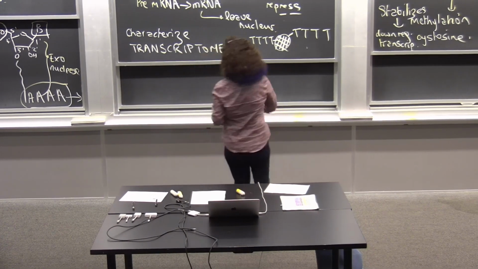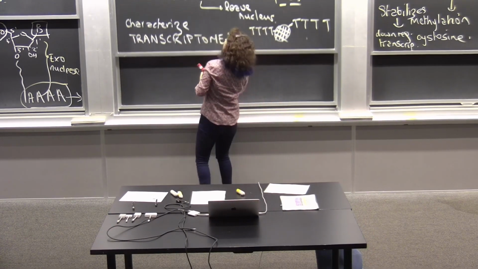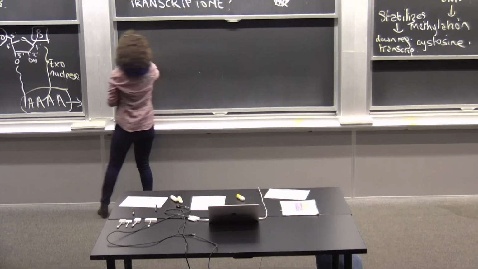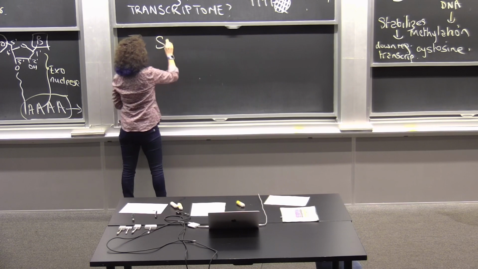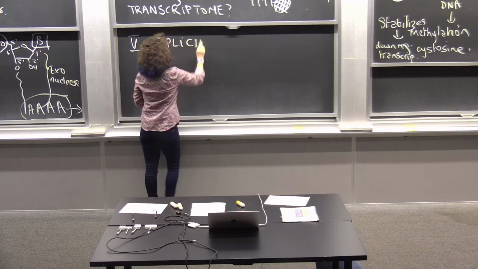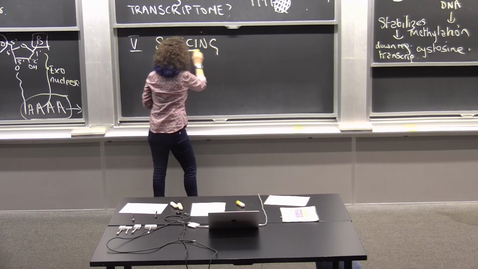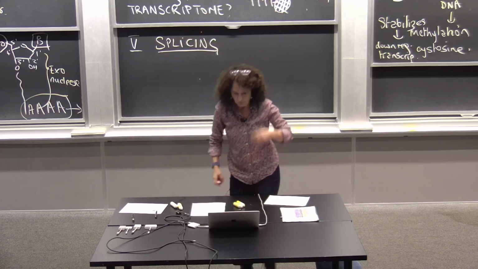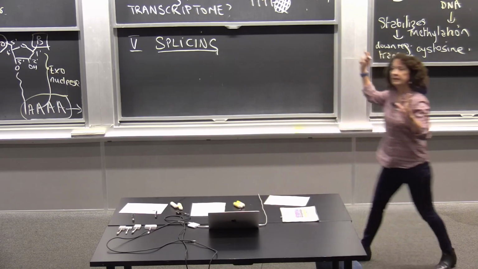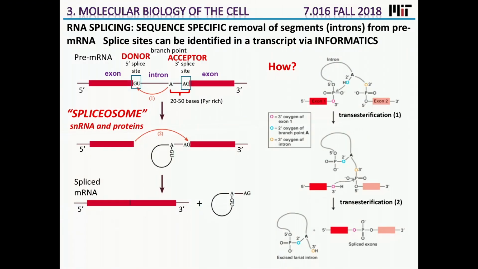Now, the last thing that we do in the nucleus is arguably the most important, and that is splicing. Once again, this is a picture with a lot of moving parts, but I want to convey to you the point of splicing as opposed to you knowing all the little details.